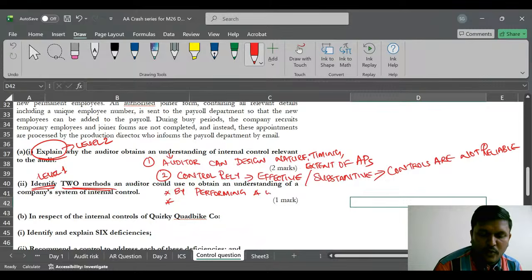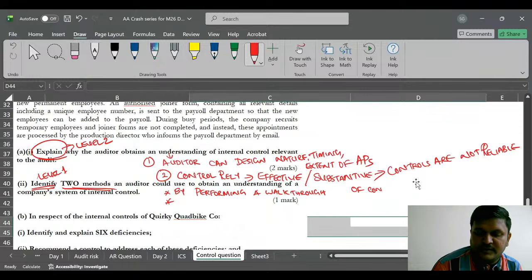By performing a walkthrough of controls, I would consider that.